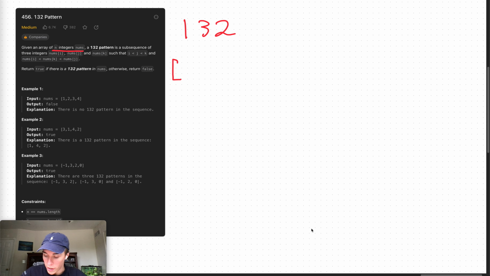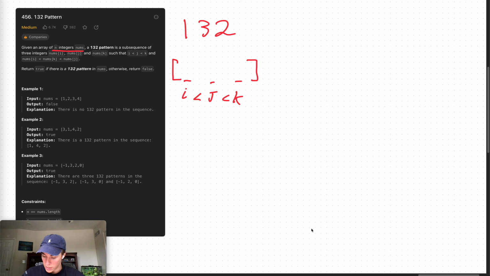So in the array, a subsequence of some i, j, k integers, such that i is less than j is less than k, and nums[i] is less than nums[k].